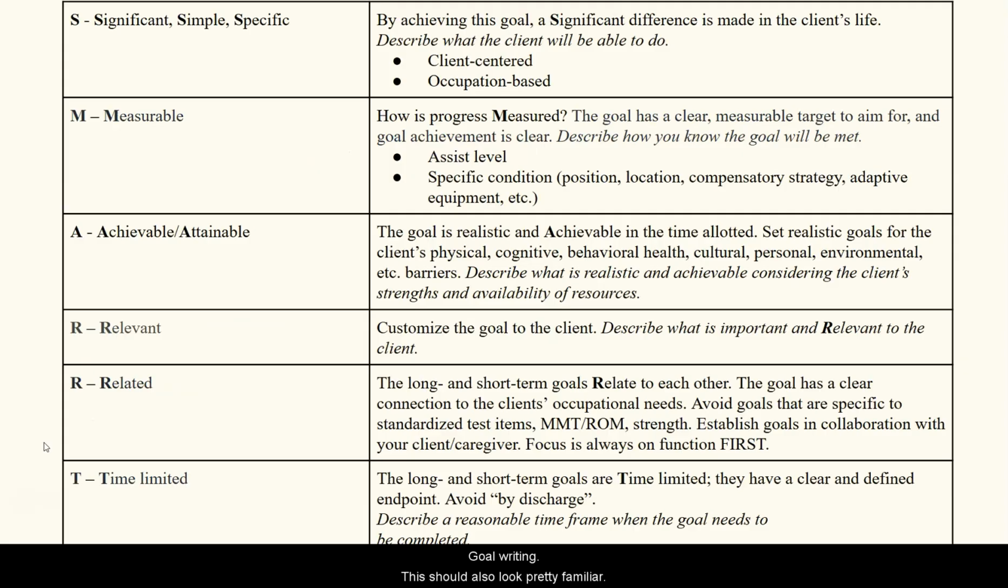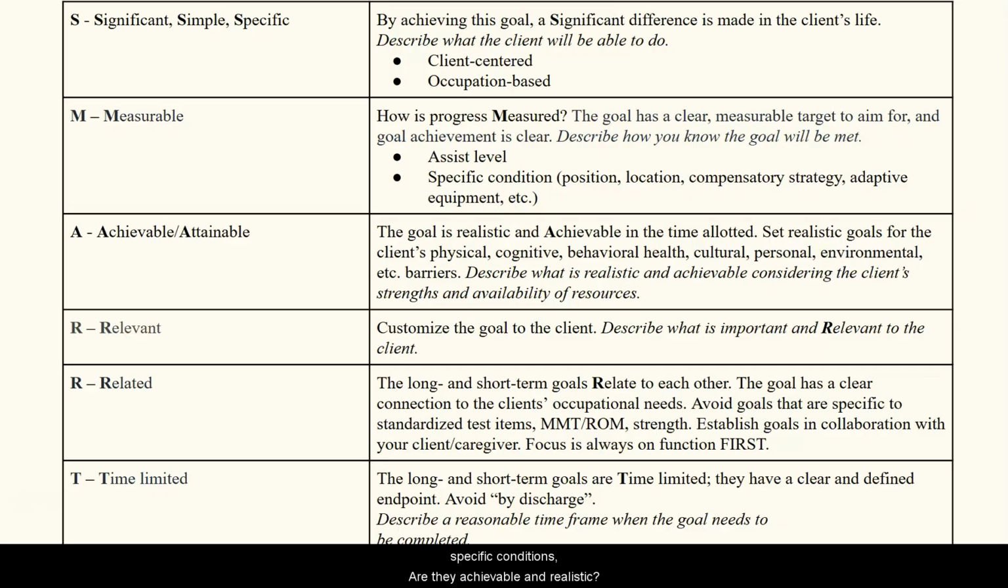Goal writing should also look pretty familiar. SMART goals: specific, measurable, achievable, relevant, related, time limited. So they have to be significant to the client, client-centered and occupation-based. They need to be measurable. How are they measured? In terms of assist level, specific conditions.